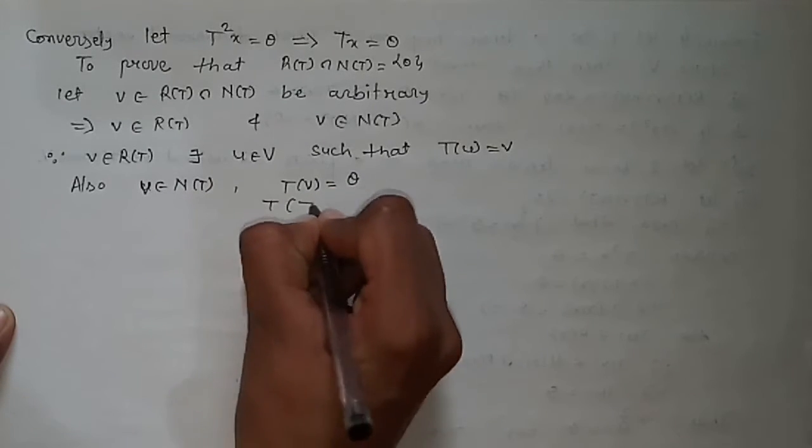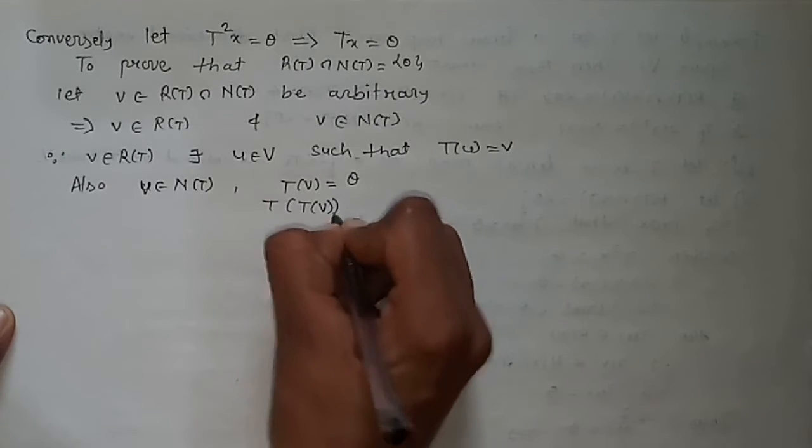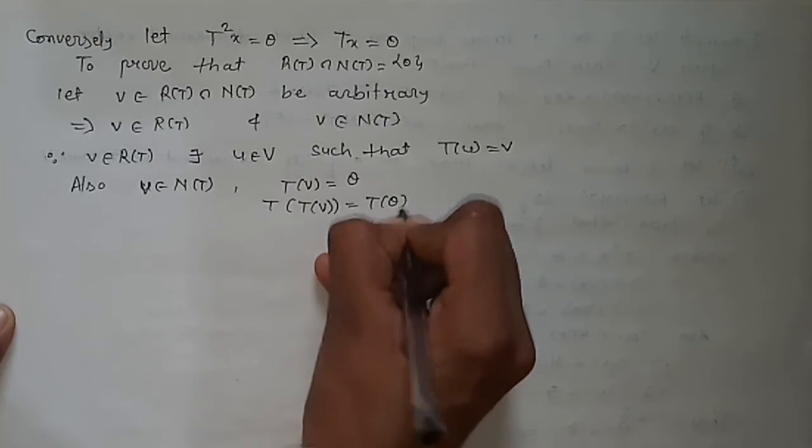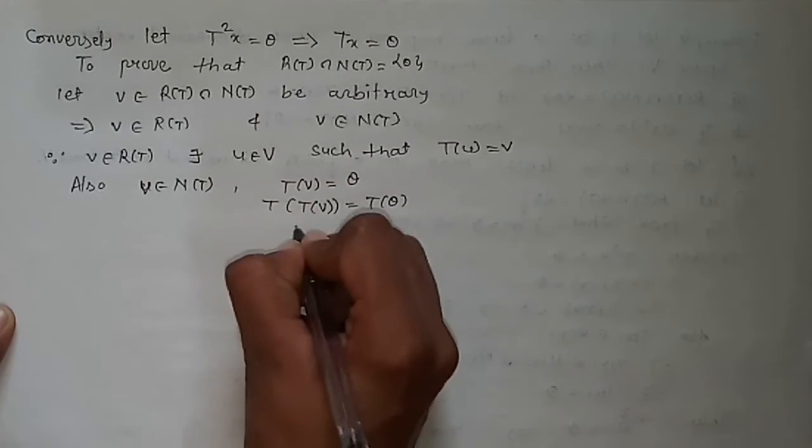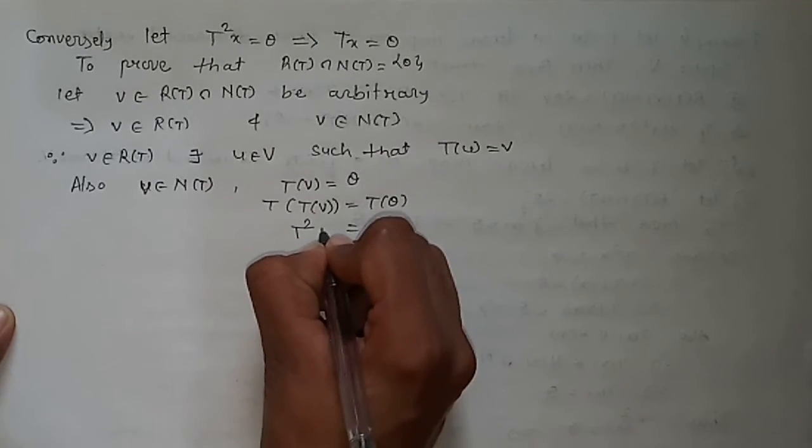And if I am taking its composition with T, then T of theta. But T of theta is what? Theta only. And this becomes my T square.